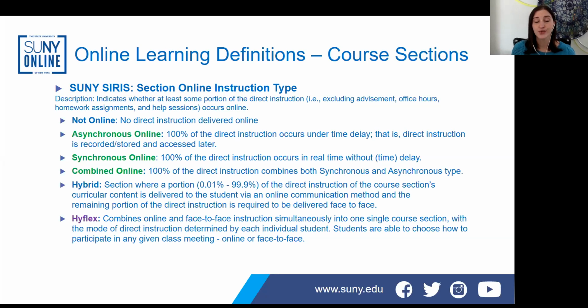The student gets to choose. So essentially the course is designed to be delivered face-to-face and to be delivered online. It's one section, and students can decide whether they want to come in person or participate online on any given class meeting basis.